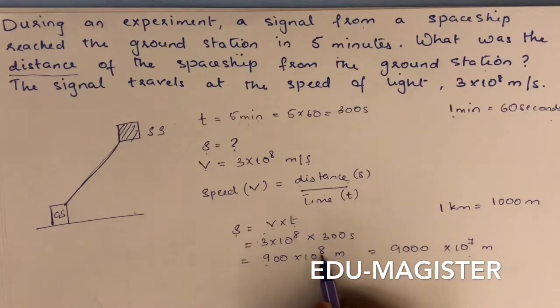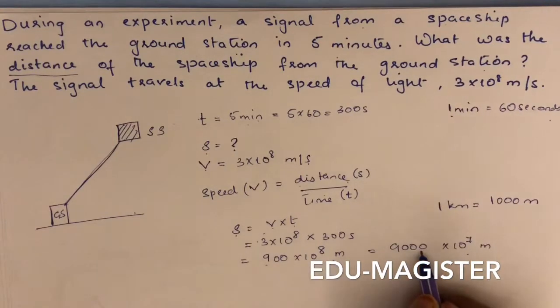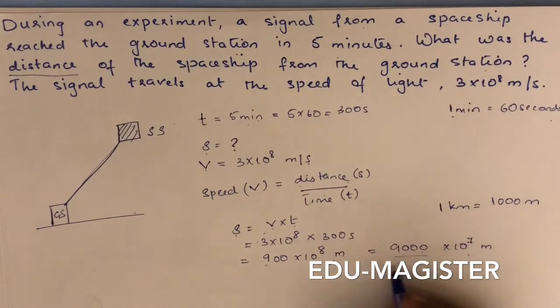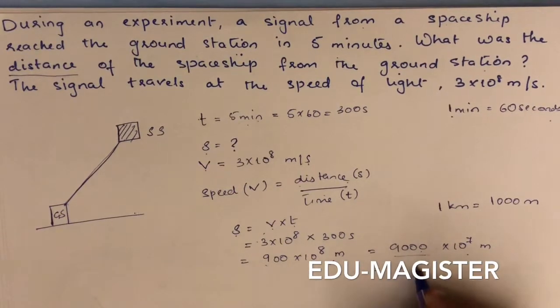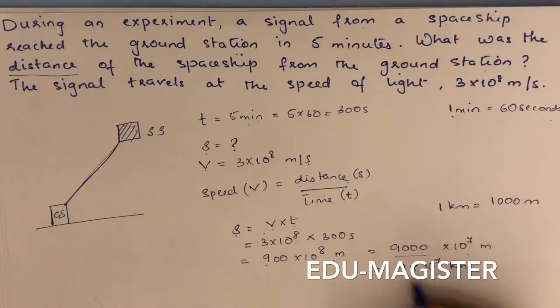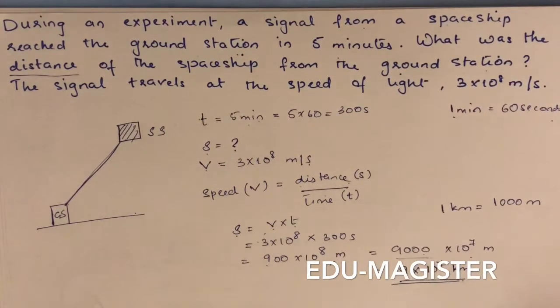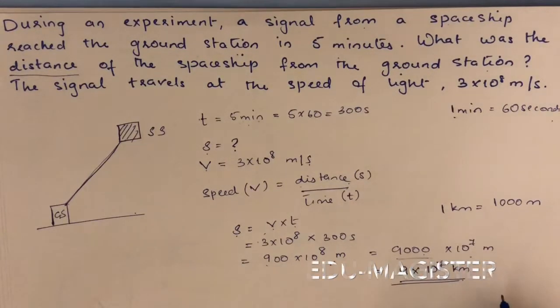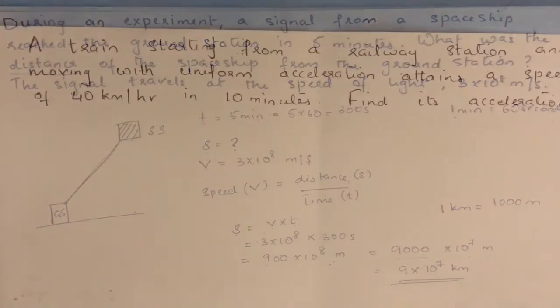What did I do? I just took out 1 0 from this 8 and added here. So now this becomes 9 kilometers, right? This will be the final answer for the question.